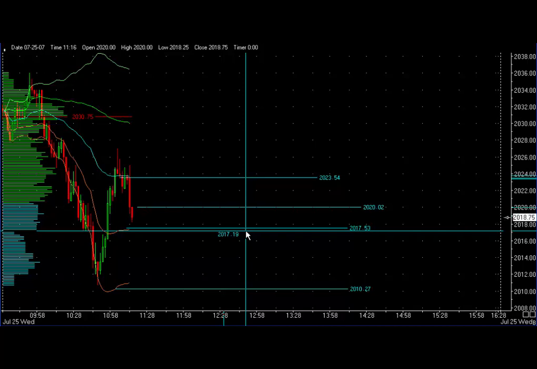2018.50. Come on down. Show us your stuff. 2019 and a quarter. Moving back up. This is the typical rotations that markets go through. They rotate down, they rotate up, they gyrate around.